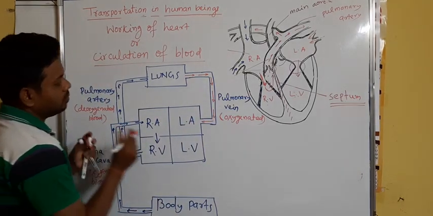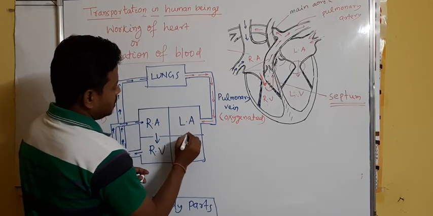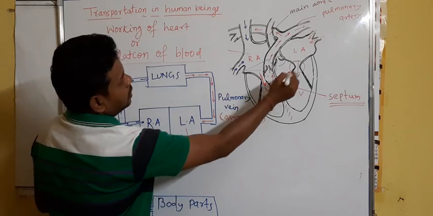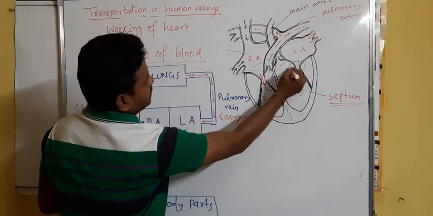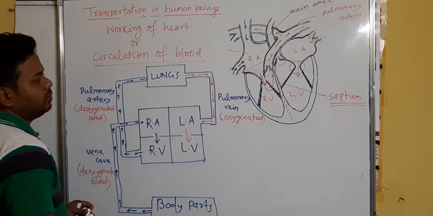Okay. From left auricle again the blood will move to left ventricle, and this is called tricuspid valve.